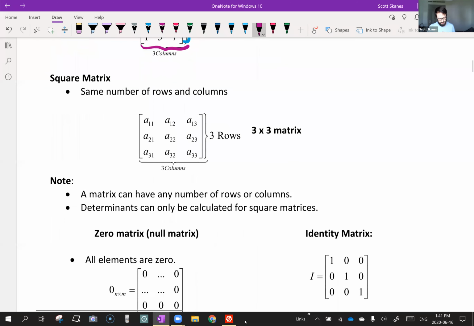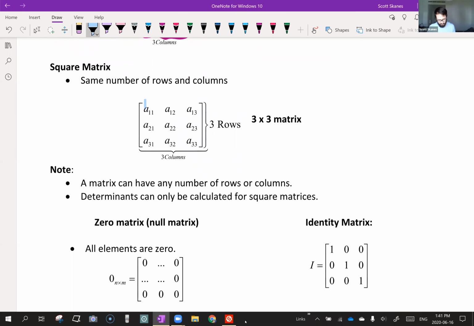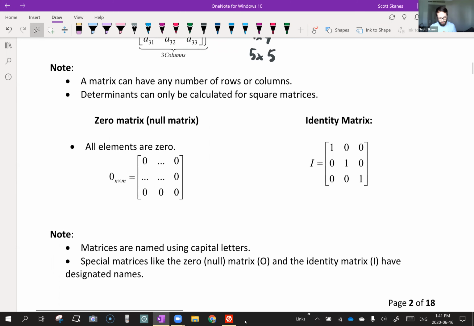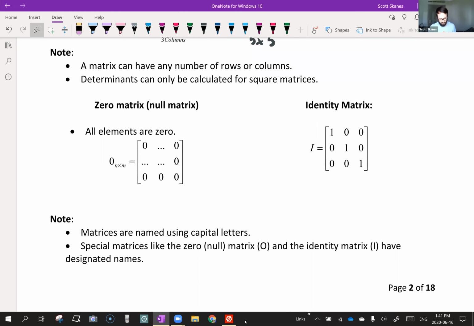Okay, square matrices are just that. They have the same number of rows as they have columns. So 3 by 3 would be a square matrix, 4 by 4, 5 by 5, 2 by 2, and so on. It literally looks like a square. You know, a square has the same length and width. It can have any number of rows or columns. If it's filled with zeros, it's called a null matrix. All elements are 0.